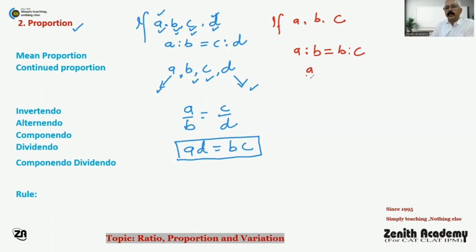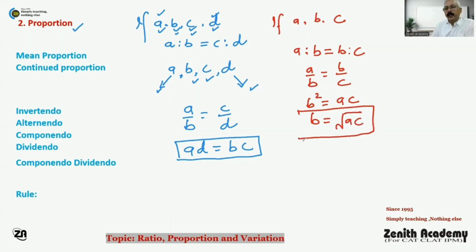And here, A upon B is equal to B upon C, B square is equal to AC, B is square root of A into C. So if there are three numbers in proportion, this middle number B is a mean proportion. So here B is a mean proportion.